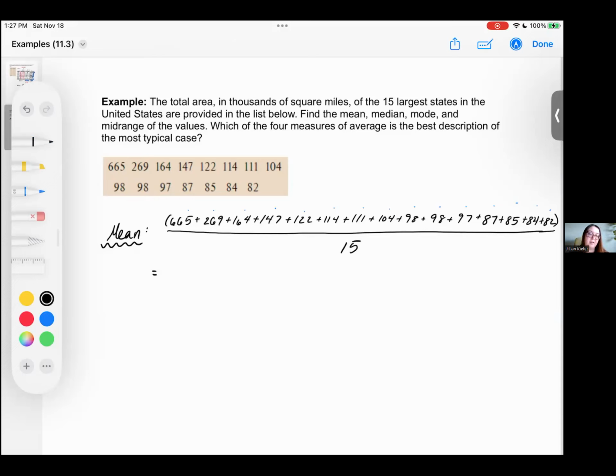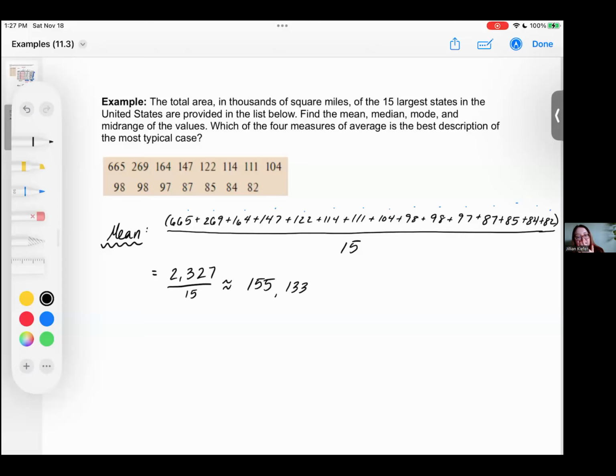So we can go into our calculator, add all of these numbers together, and we'll end up with 2,327 divided by 15. We're going to round to the nearest whole number. So the nearest whole number would give us 155,133 square miles.